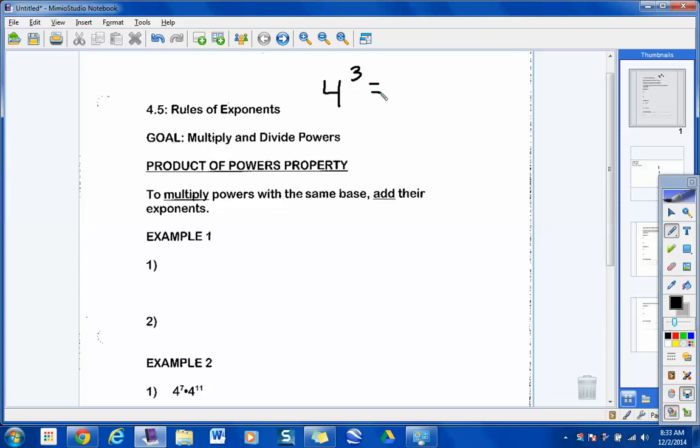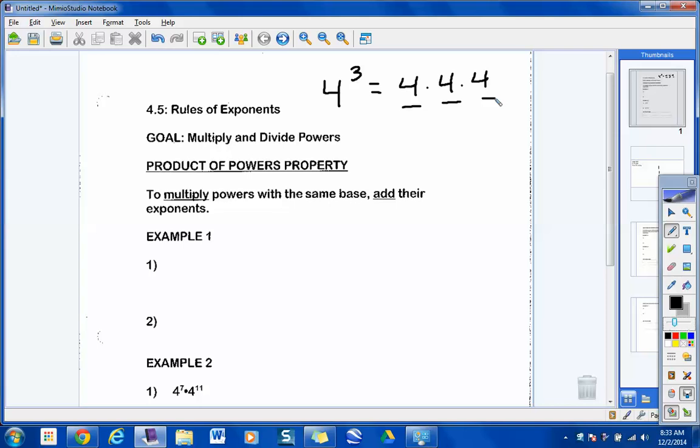The base. Very good. So this simply means 4 times 4 times 4. Multiply that base of 4 three times, okay? We've seen this before, right?